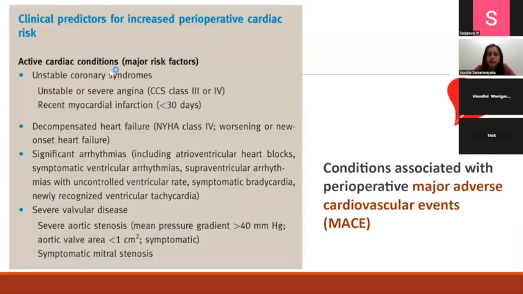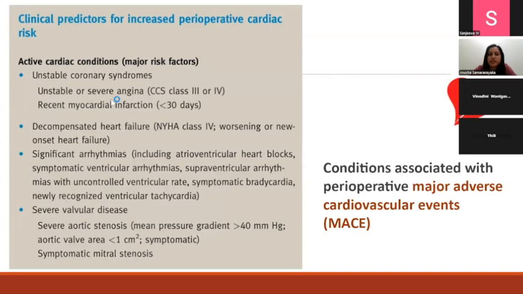That includes unstable coronary syndromes and decompensated heart failure, if the patient is having significant arrhythmias or severe valvular disease. Under unstable coronary syndromes, if the patient is having unstable angina or severe angina, plus recent myocardial infarction. Recent means less than 30 days. What is the recommendation?